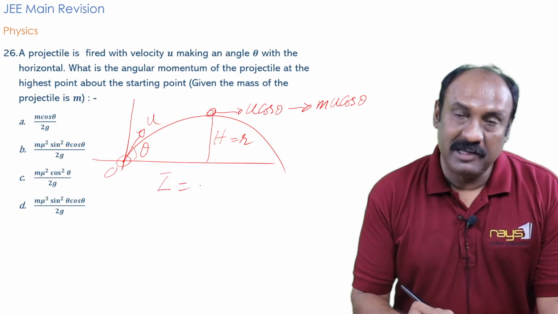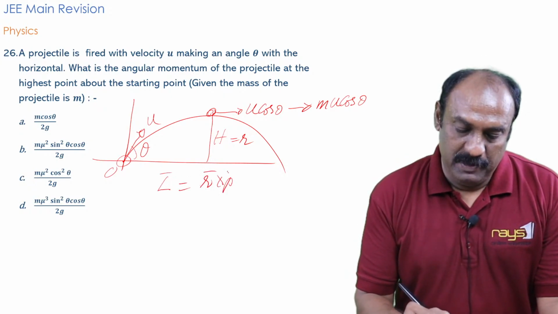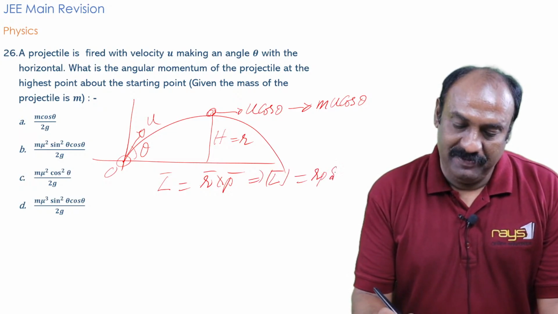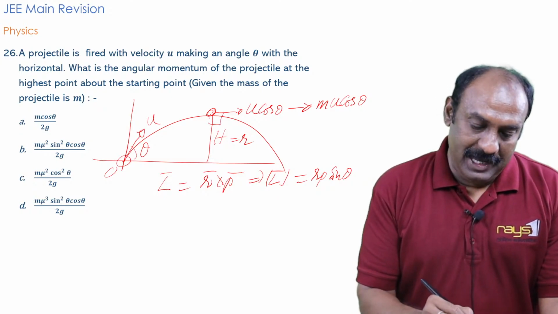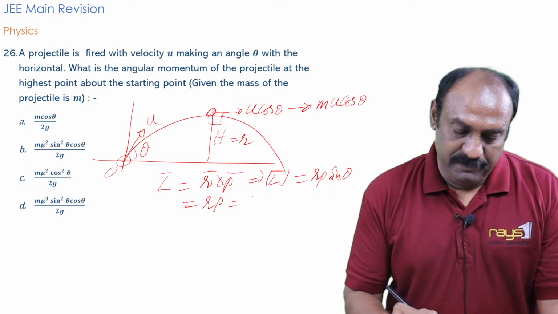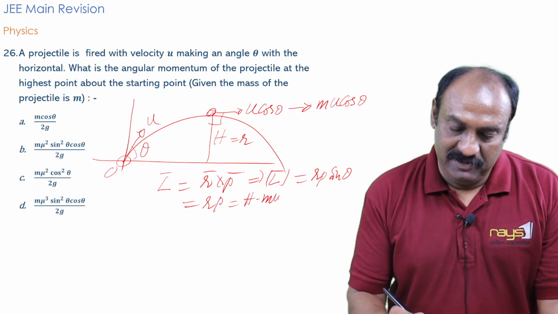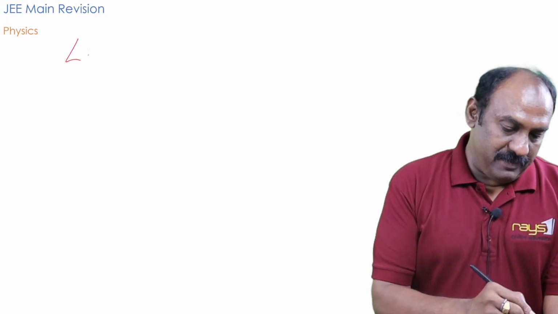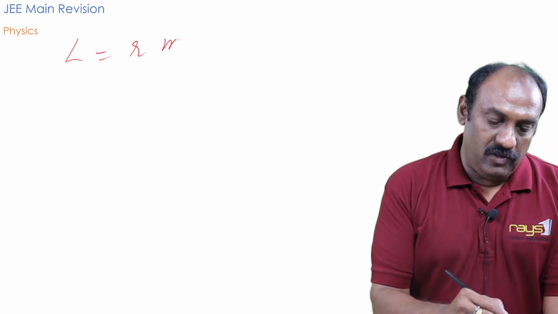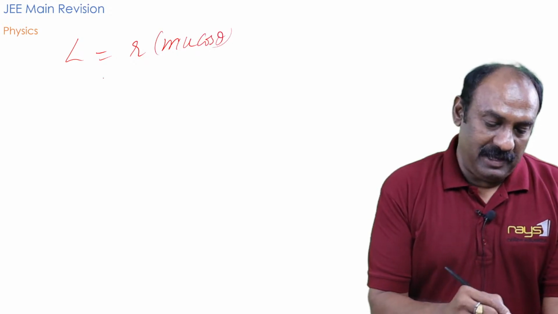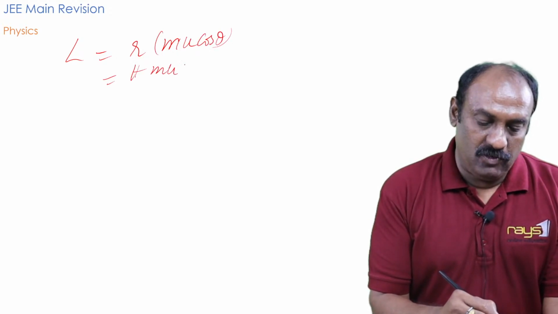What is the angular momentum? Angular momentum is equal to r bar cross p bar. Magnitude of angular momentum equals rp sin theta. For this one the angle is 90 degrees. So, r into p momentum: r is h, and momentum is mu cos theta.